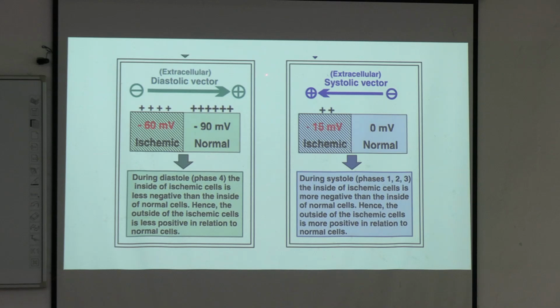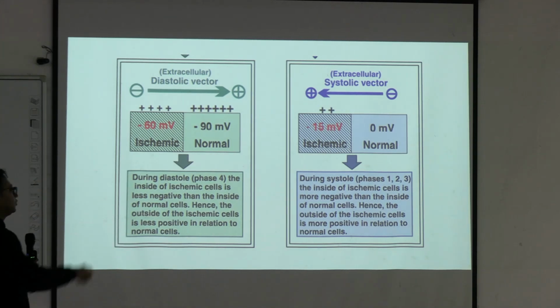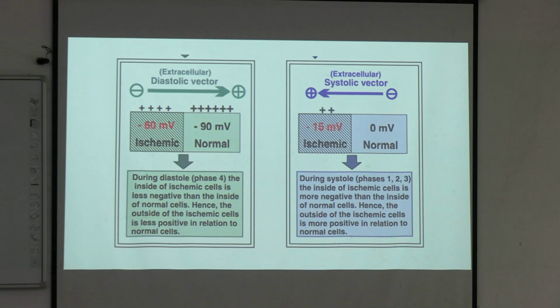So we get a diastolic vector from ischemic tissue to normal tissue, minus 60 to minus 90, diastolic vector. And during systole, exactly opposite, from normal tissue to ischemic tissue. First make this concept clear, otherwise the remaining part will not be clear to you. Okay, everyone okay with this?